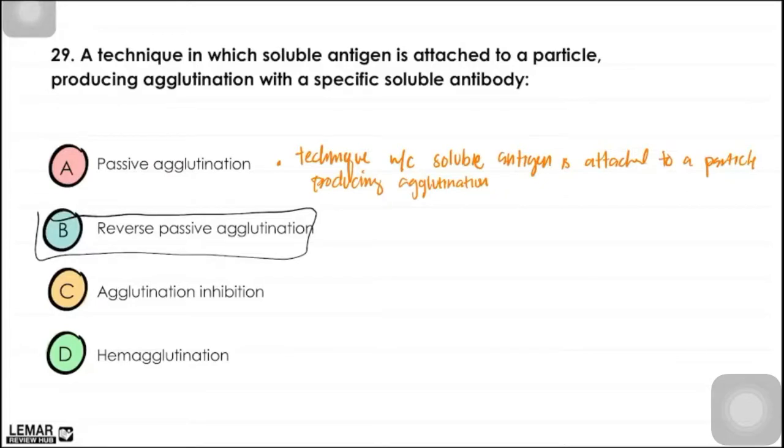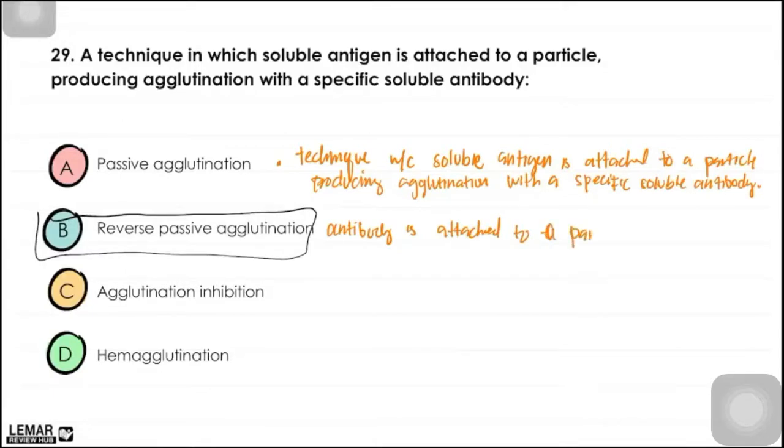This is a reaction with a specific soluble antibody. Reverse passive agglutination is a technique in which antibody is attached to a particle producing agglutination.